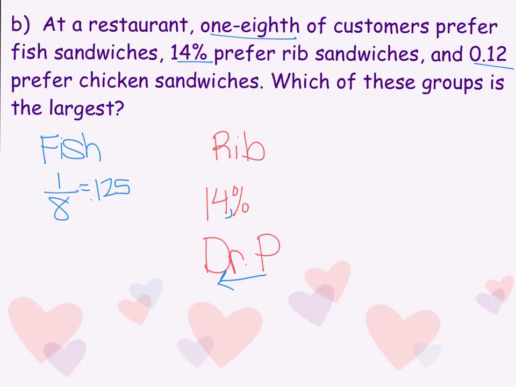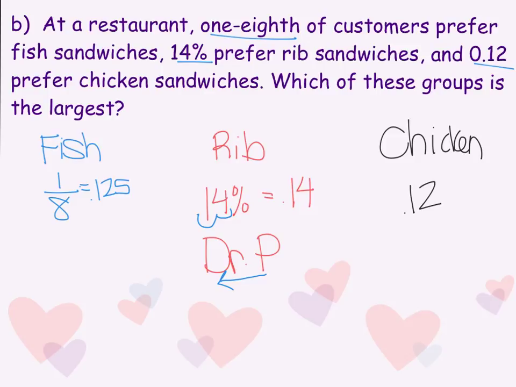Here's my decimal point, 1, 2. So 14% is the same thing as 0.14. And last but not least, they tell us that 0.12 prefer the chicken sandwich, which again is already a decimal, so I can just leave it.